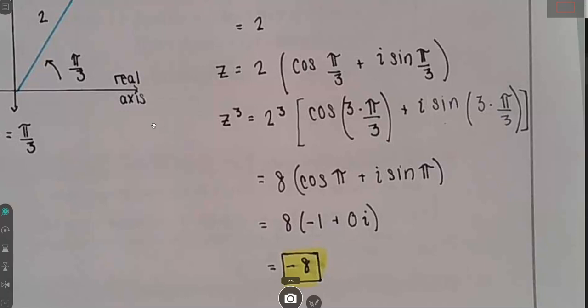It's just because sine of pi is... It's just not showing that Z equals this. And then we raise it to the n power.